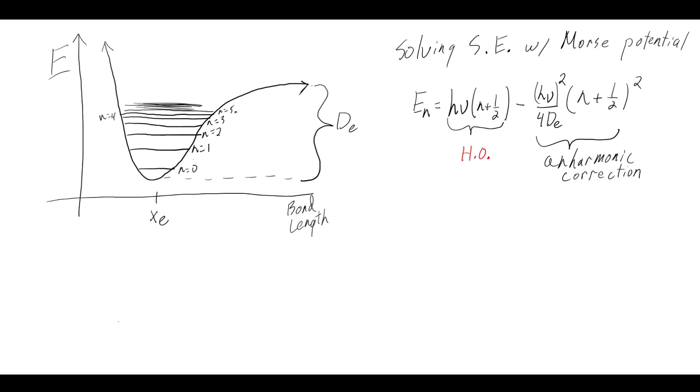Now, in the harmonic case, there's an infinite number of stable energy levels. But here you can imagine if I go above this energy, well, that's when I'm changing the bond dissociation energy and I'm breaking the bond.